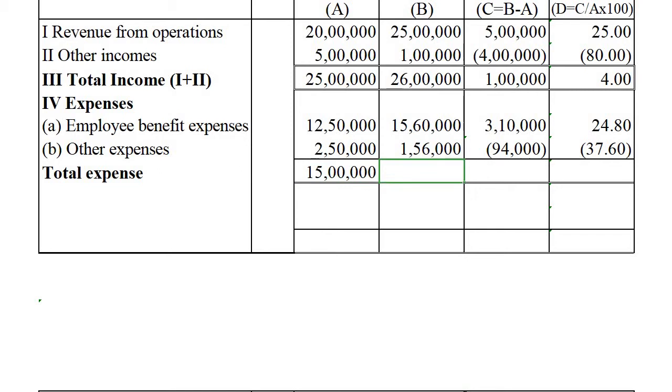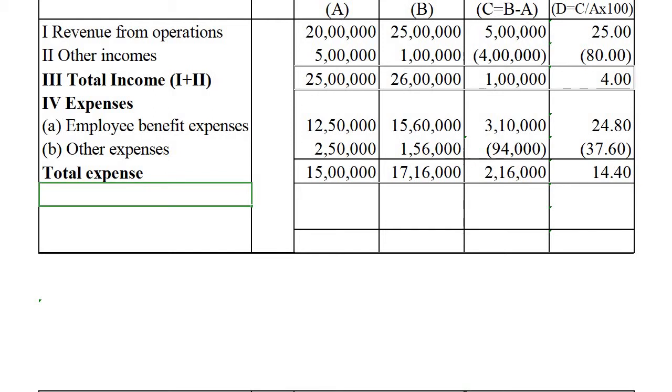Then for the current year it is 17,16,000, and the absolute change is 17,16,000 minus 15 lakh, that is 2,16,000. Okay, so percentage change is 2,16,000 divided by 15 lakh into 100, that is 14.40%.